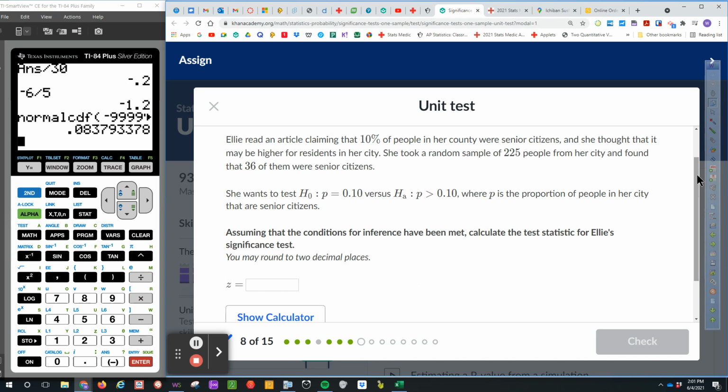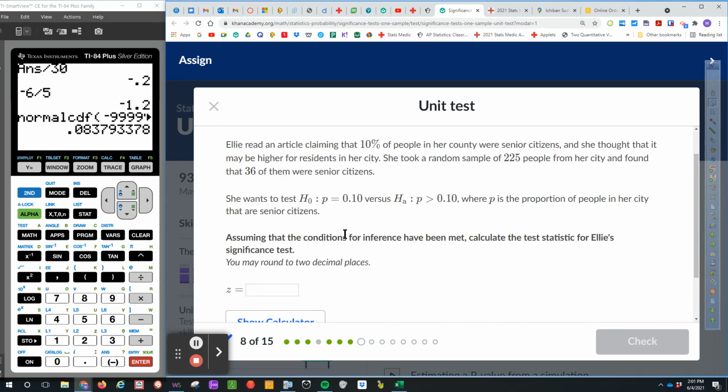She wants to test the null hypothesis that p, the proportion of people in a city that are senior citizens, equals the national average, 0.1, versus she thinks it may be higher, so more than 0.1. Assuming that the conditions for inference have been met, calculate the test statistic for Ellie's significance test.